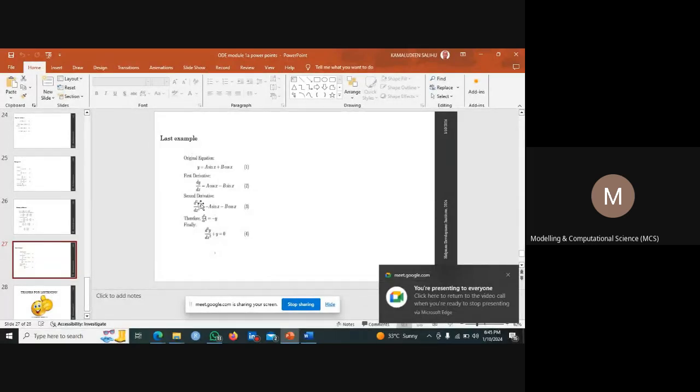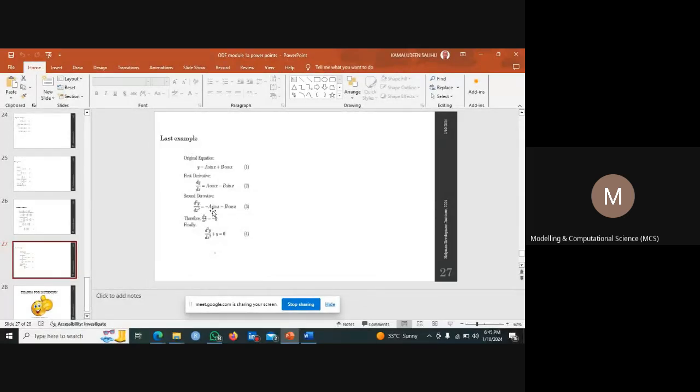So the second derivative gives us minus a sine x minus b cos x. Having this, when we consider the initial problem, we see that the second derivative and the initial problem from our question 1 are the same thing. The only difference is that this one is positive, while this one is negative.